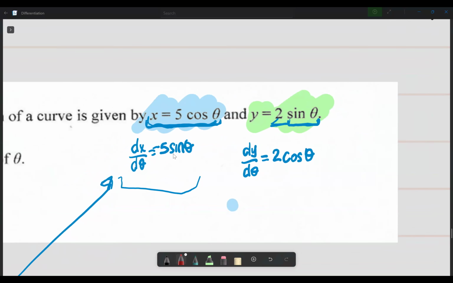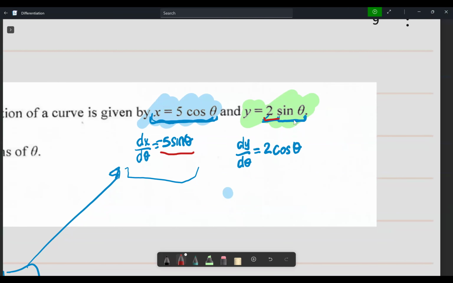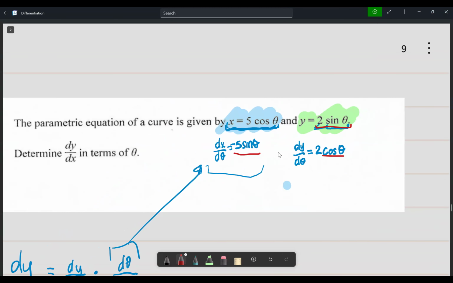So dx over d theta is equal to 5 times the differentiation of cosine theta. Remember, the differential of cosine theta is negative sine theta, right? So it becomes negative 5 sine theta. For 2 sine theta, dy d theta is going to be 2 cosine theta, because the derivative of sine theta is cosine theta.